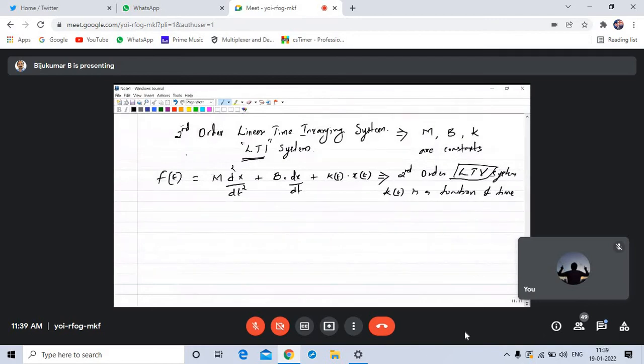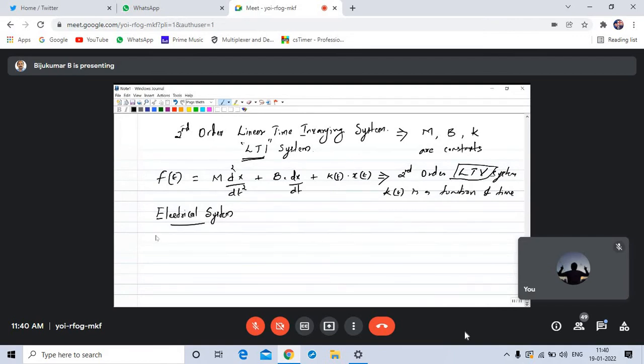Now we'll move to the electrical system. Suppose I have a series circuit. So what are the elements in an electrical system? Resistors, inductors, capacitors. Yeah.